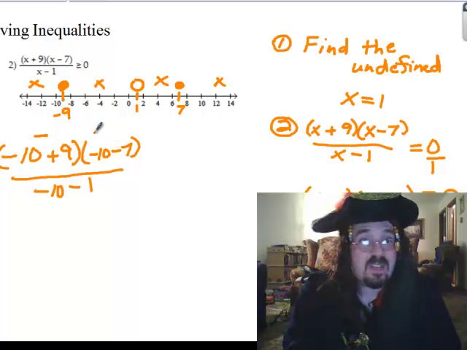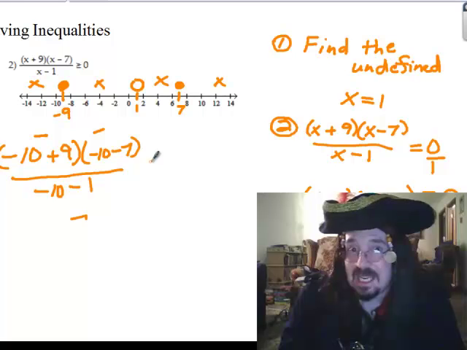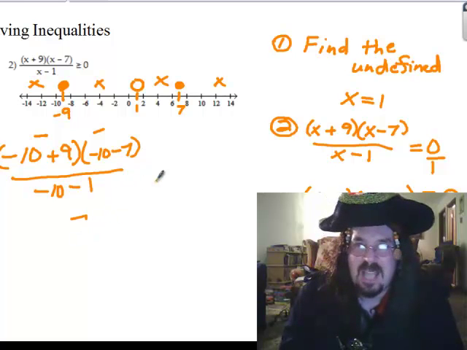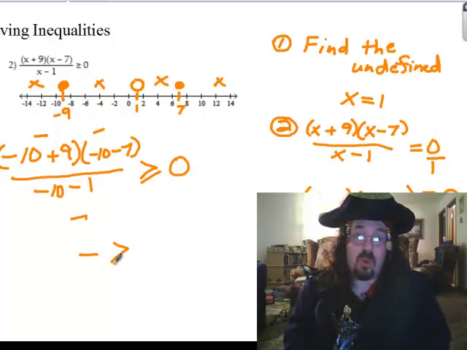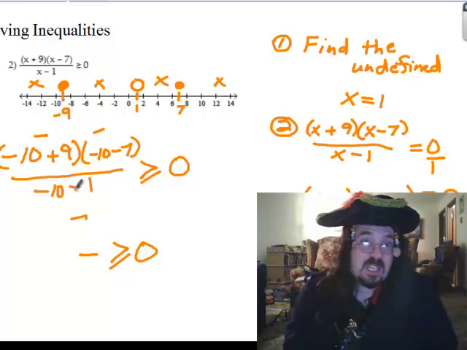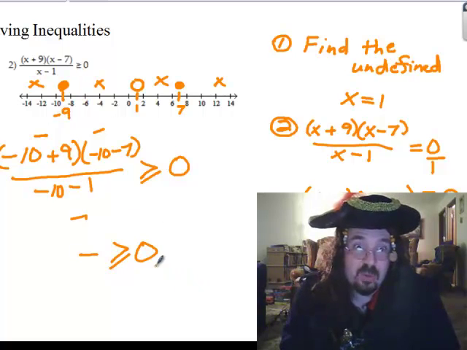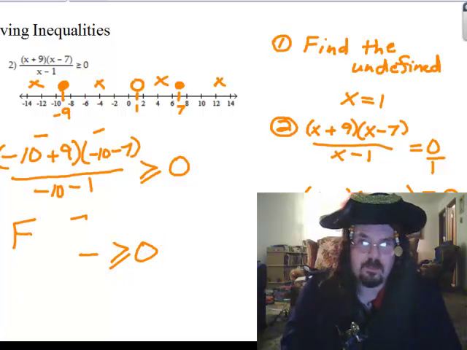Negative 10 minus 7 is negative, and negative 10 minus 1 is negative. Negative times negative divided by negative. I think, love, my final answer will be negative, and I needed that to be greater than or equal to 0. Well, obviously it's not. Whatever it is, it's not greater than 0 or equal to 0, so this is false.